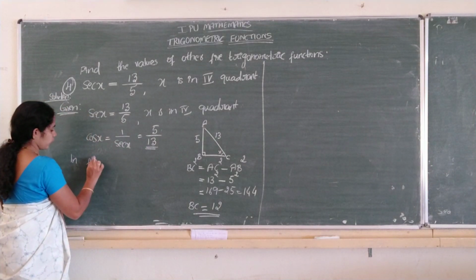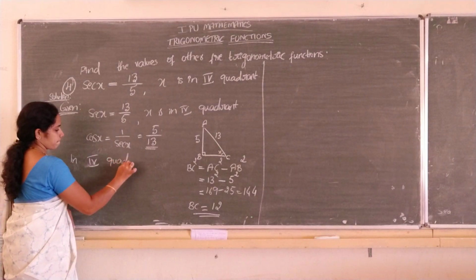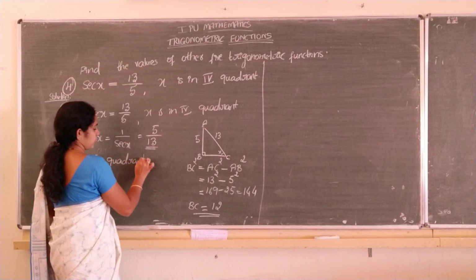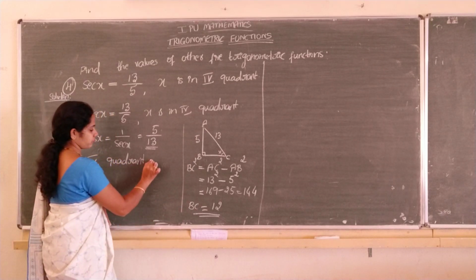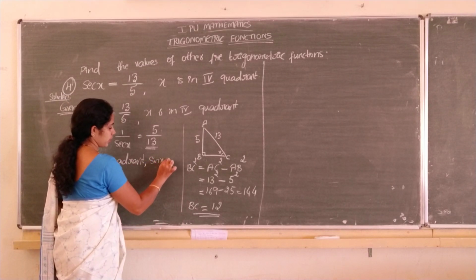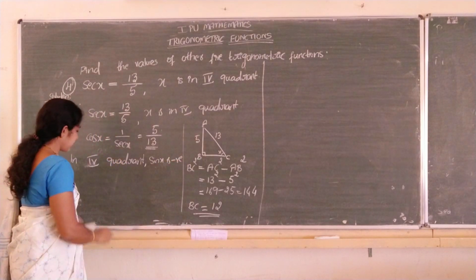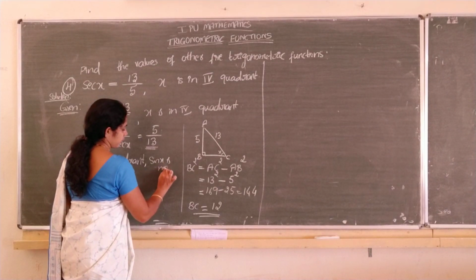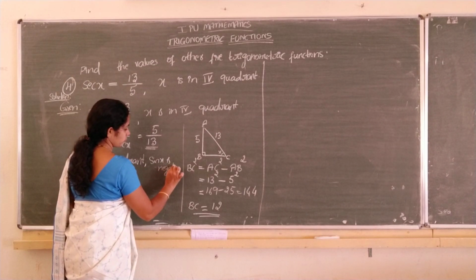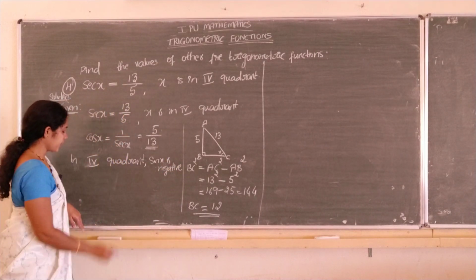In the fourth quadrant, sin x is negative, correct? In the fourth quadrant, sin x is negative.